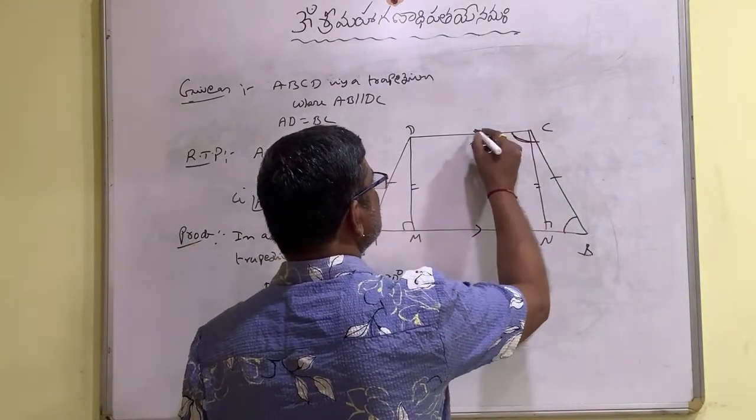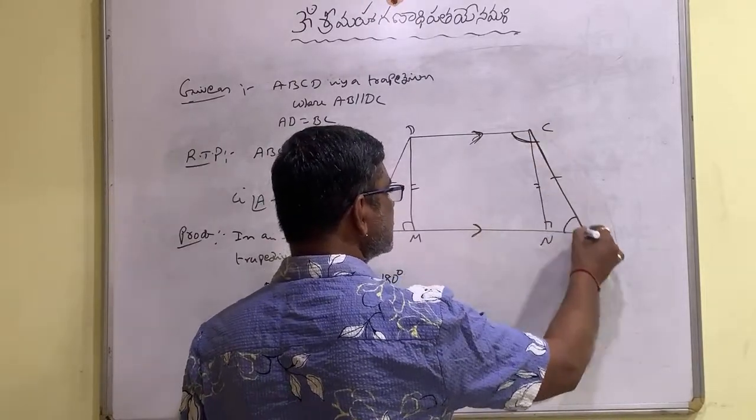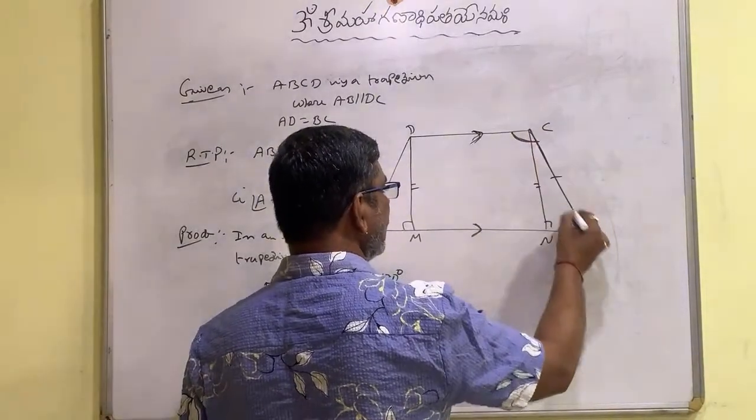What do we call this? These two lines are parallel. This is the transversal. And what do we call these two angles?